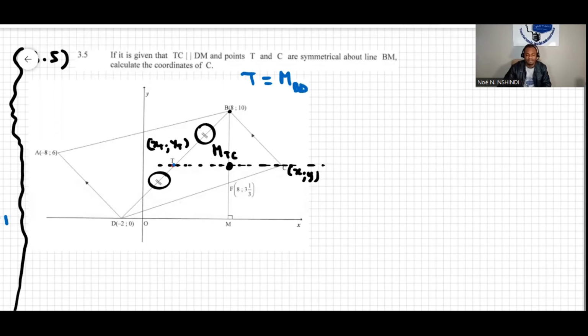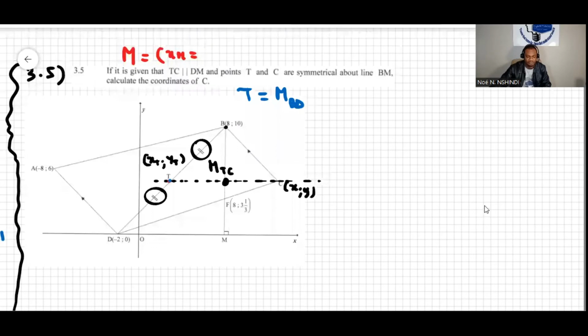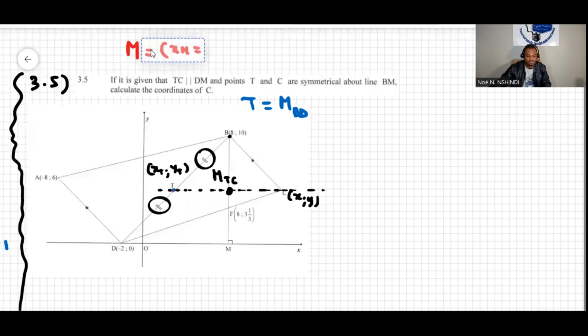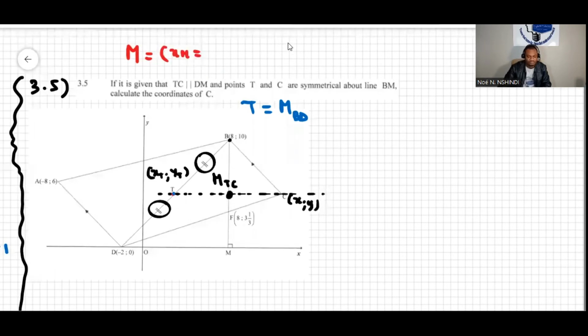The midpoint is given by, I'm going to write it over here, XM equal to X1 plus X2 all over 2, and YM equal to Y1 plus Y2 over 2.